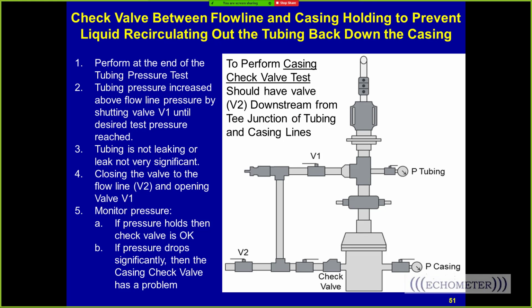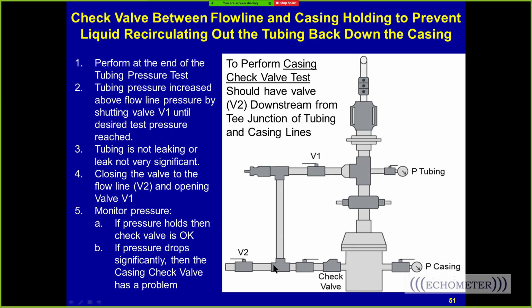Okay, so how do you check the check valve? Well, this little schematic here shows the flow T coming off the surface. Here's a back pressure valve. Here's a valve that we use to pressure up the tubing. Here's where we hook our wireless pressure transducer.